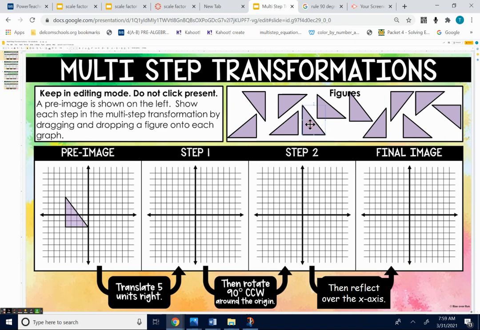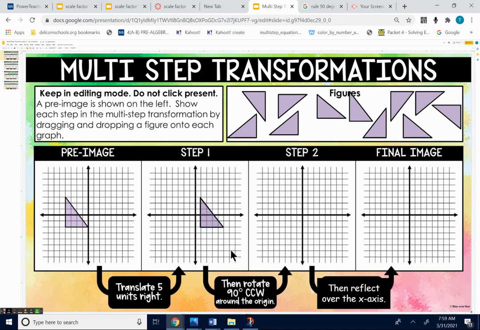So I know the shape's going to look just like the original. Let me just show you like this. 1, 2, 3, 4, almost 5. So it's going to end up right there. But I want to show that on the second graph. Put it exactly where it belongs, right there.